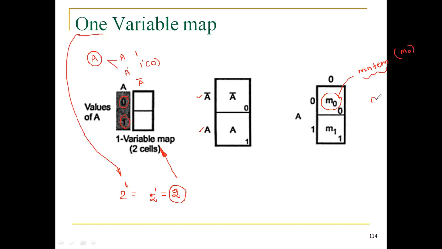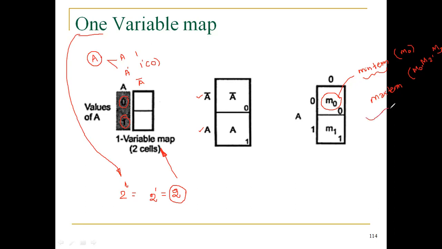Similarly, max terms are also there in a Karnaugh map. A max term is also a representation of the input variables, like this: M0, M1, M2, M3.